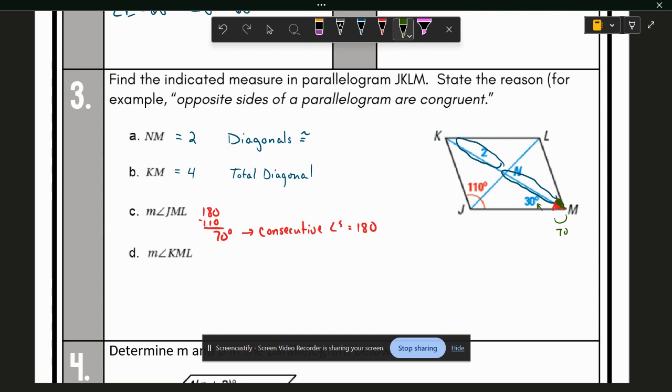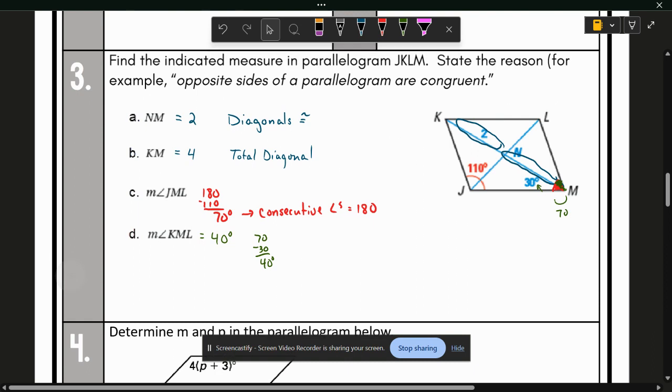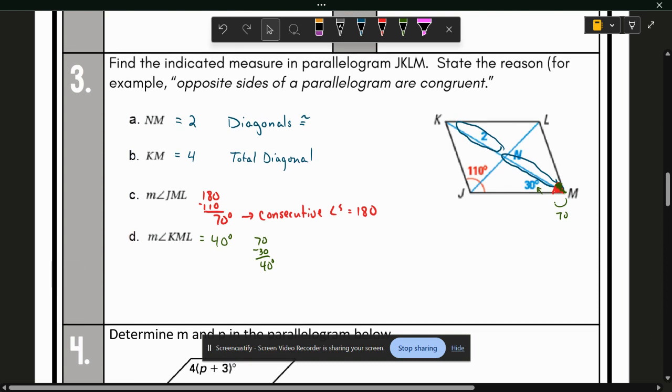So KML would be 40 degrees. That's because we took the 70 that we found from the consecutive angles, subtracted 30 degrees, because that was what they gave us as the inner part of that angle, to get our 40. Questions on example 3?